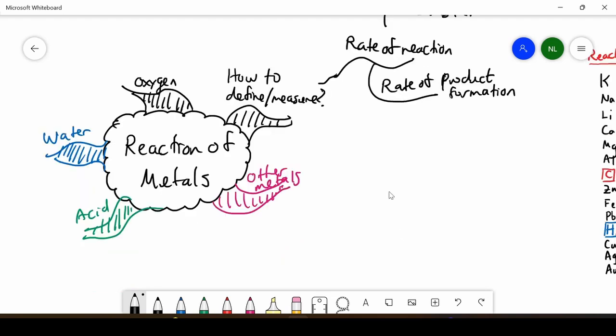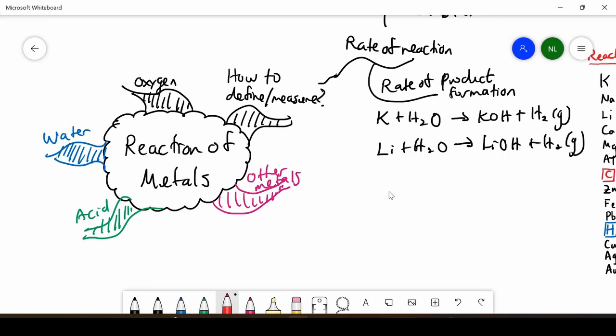from the reaction. For example, if we add the same number of atoms of potassium and lithium to water, potassium would liberate hydrogen gas more rapidly than lithium will. Therefore, we can say that potassium is more reactive than lithium. Conversely, we can also measure the rate of a chemical reaction by measuring how quickly the reactants are used up.